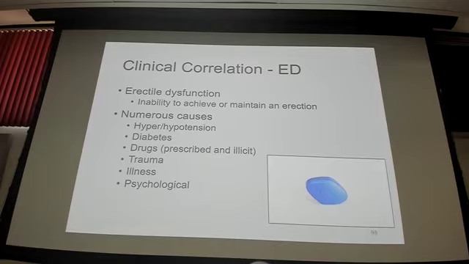Everybody knows what this little guy is? The Viagra pill, right? Viagra, Cialis, Levitra, Stendra are all phosphodiesterase 5 inhibitors. So if you hear the term PDE5 inhibitor, that's what that means. It inhibits PDE5 and allows erectile function to happen.